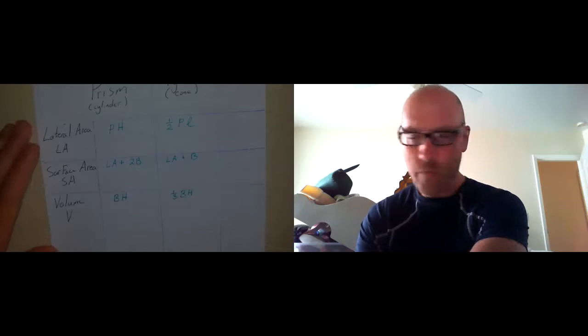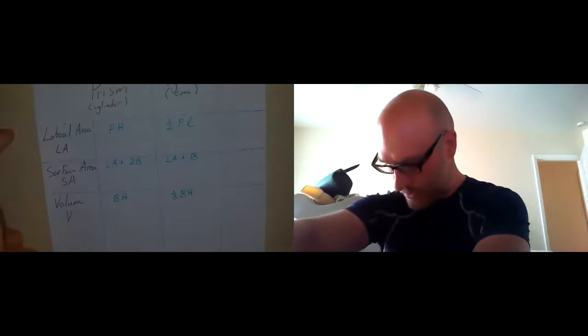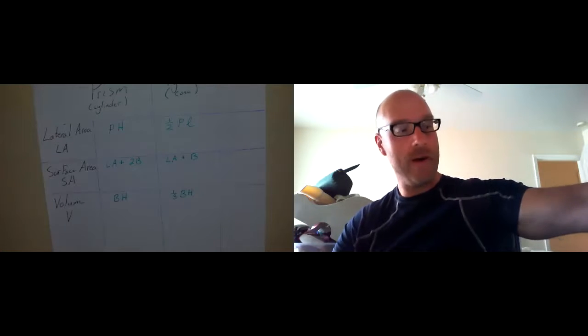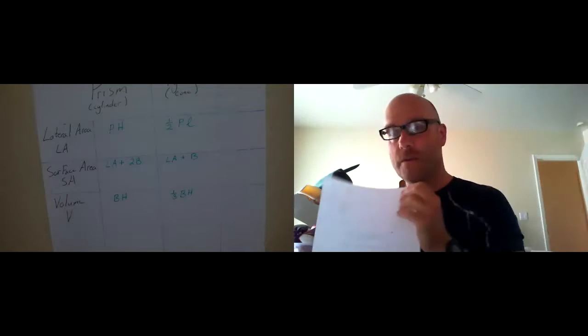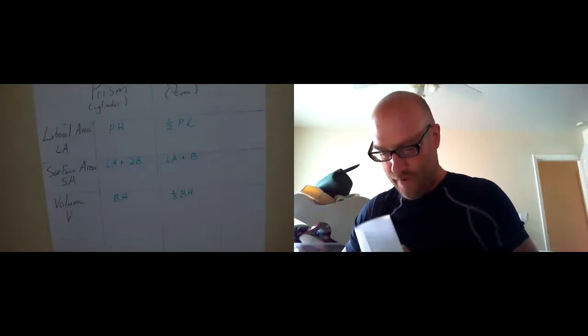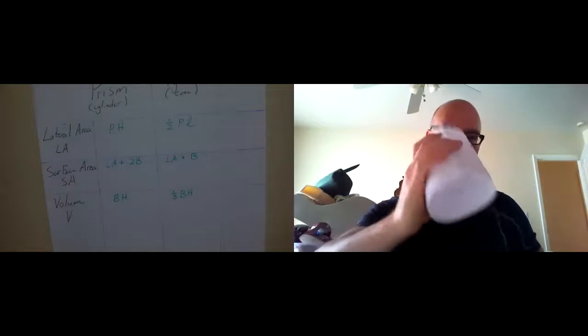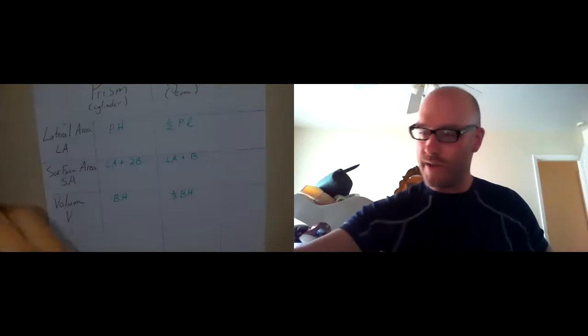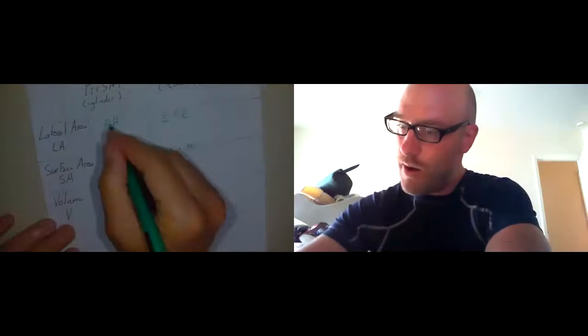You might say, okay, well, you told me that in a prism, the bases were parallel and congruent and connected by a rectangle. Well, a piece of paper is a rectangle. If I fold it around, it forms the lateral sides of a cylinder. So it all works out to be exactly the same thing.